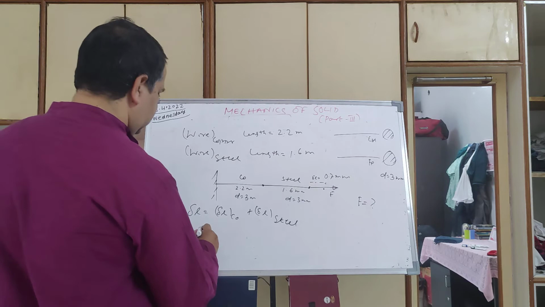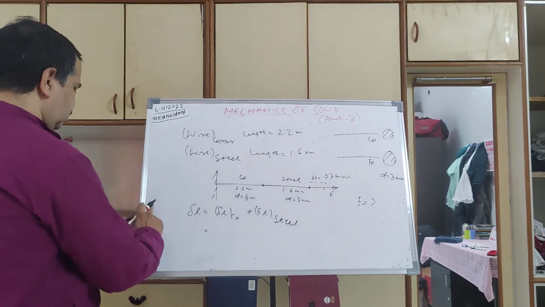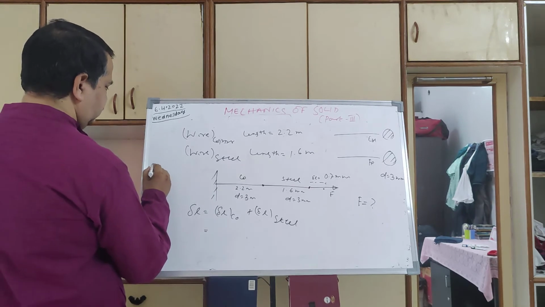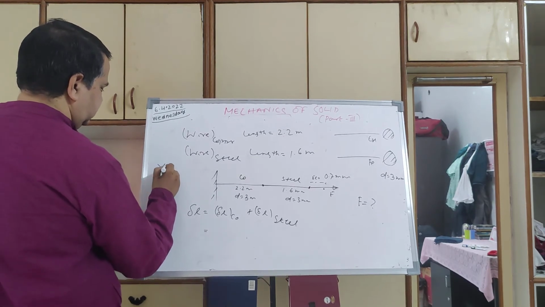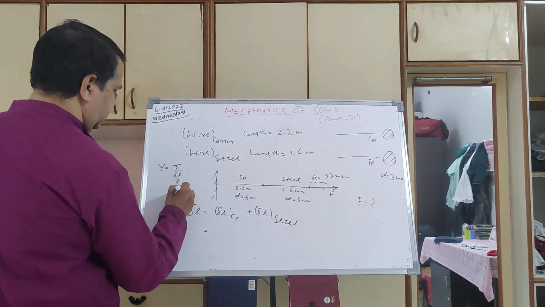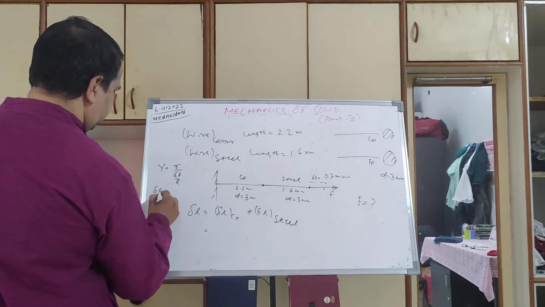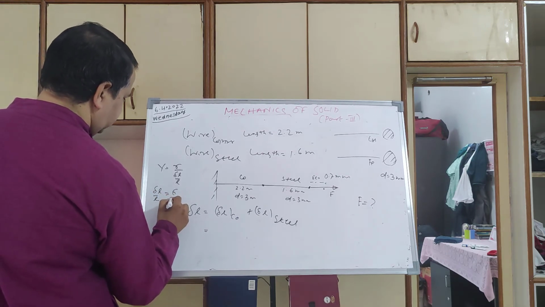Delta L copper we can find from the formula. Young's modulus is stress divided by delta L by L, so delta L by L is equal to sigma by Young's modulus.